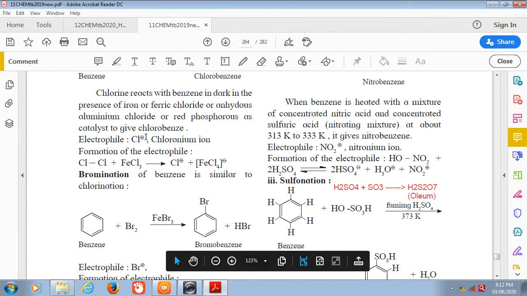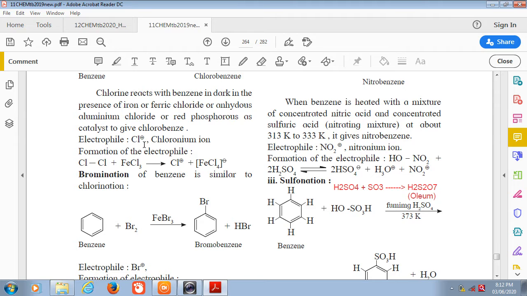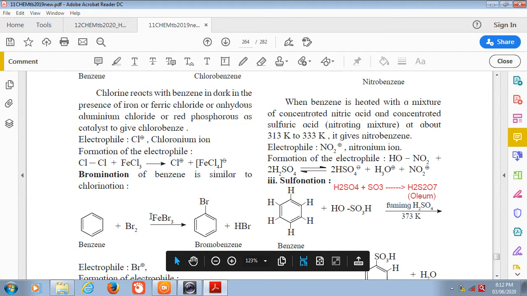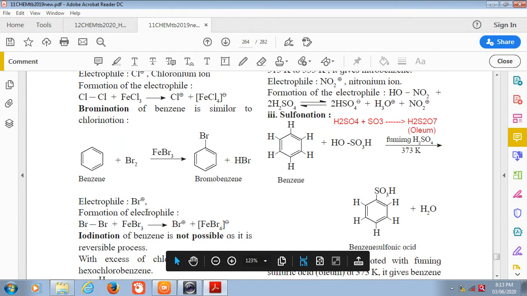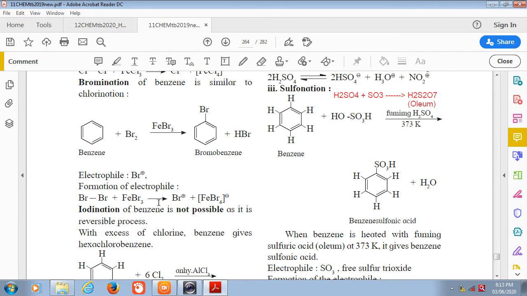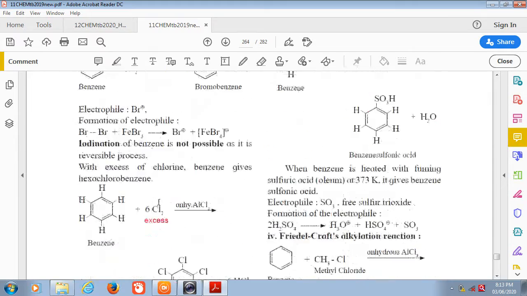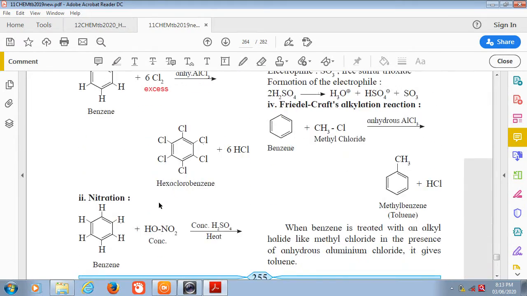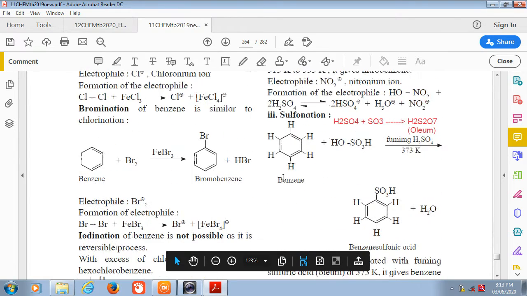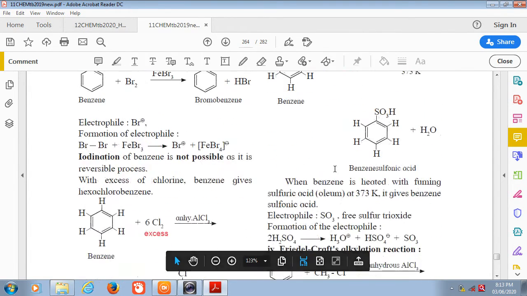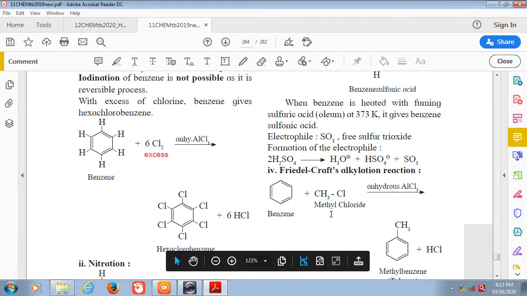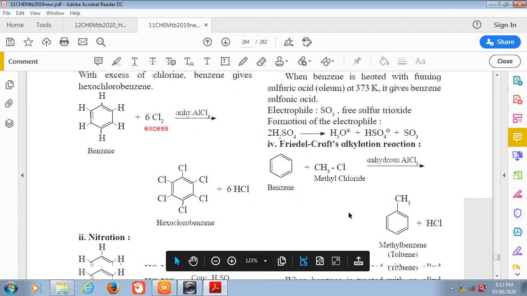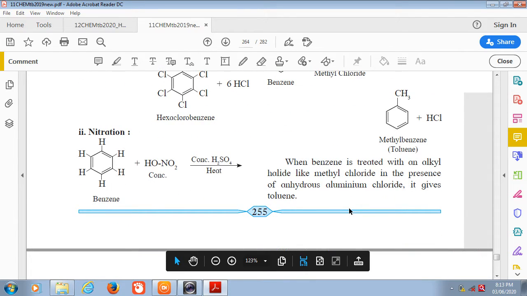For chlorination and bromination, the electrophile is Cl plus and Br plus, and to generate the electrophile, we require FeCl3, FeBr3 as a catalyst. Then for nitration, we use nitrating mixture. For sulfonation, we require oleum, and for alkylation, we use alkyl halide in presence of anhydrous AlCl3. So these are some reactions of your benzene, that you already learned in 11th standard.